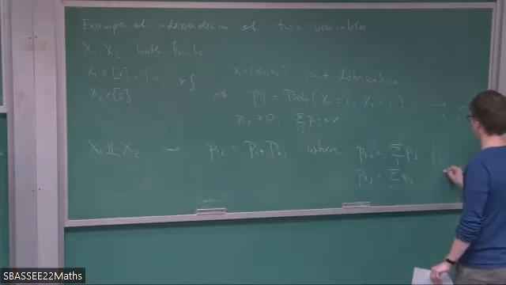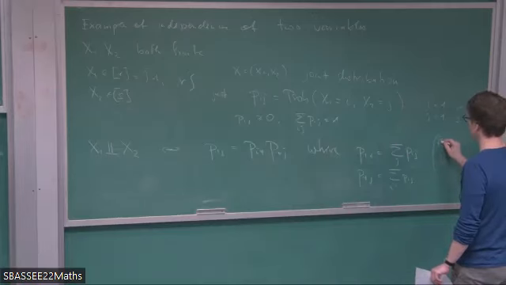So if I have my matrix P11 to PRS, then Pi plus, these are the row sums. I sum over the column indices, so I sum along the first row. P1 plus is the sum over the first row.